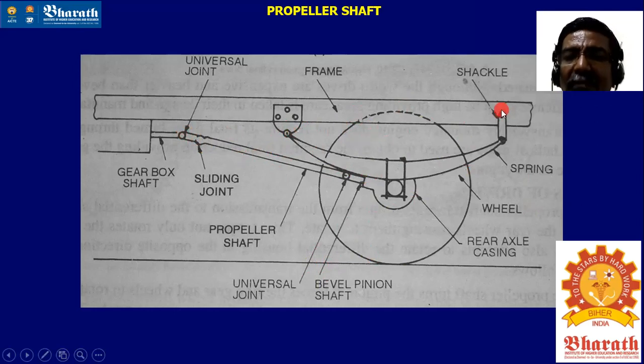Otherwise, for example, if you keep the shackle here instead, then this leaf spring will be swinging about this pin this way, in one direction, and the propeller shaft swinging in the opposite direction. Then one will not allow the other to swing or expand or contract. That will be a problem. So that is why we keep the shackle at the rear but not at the front.